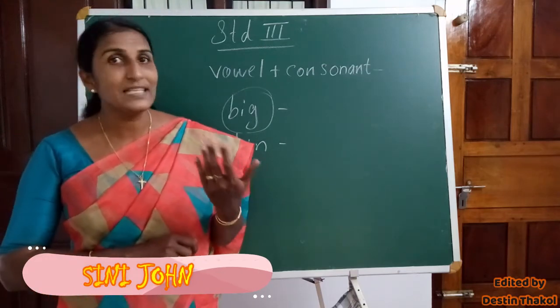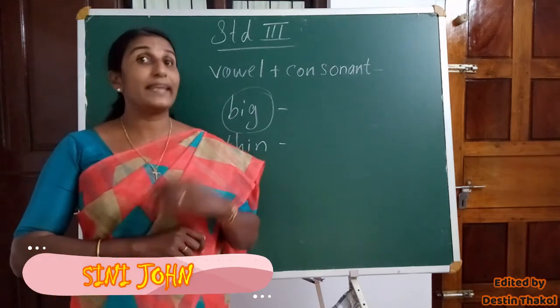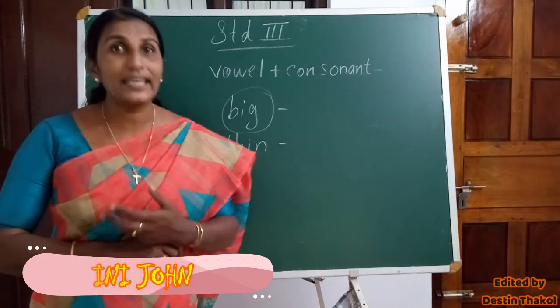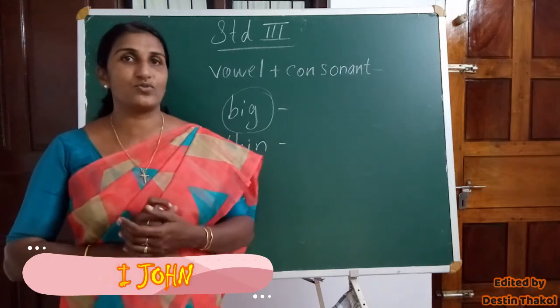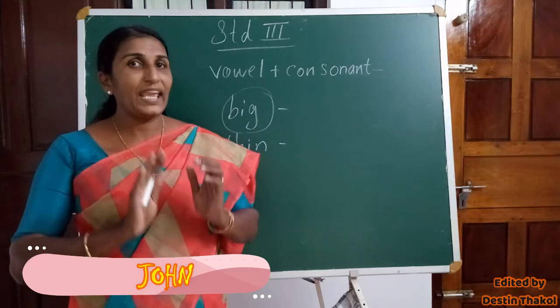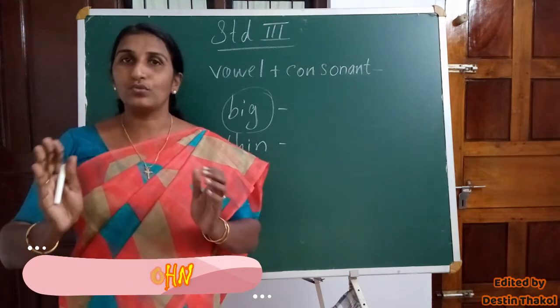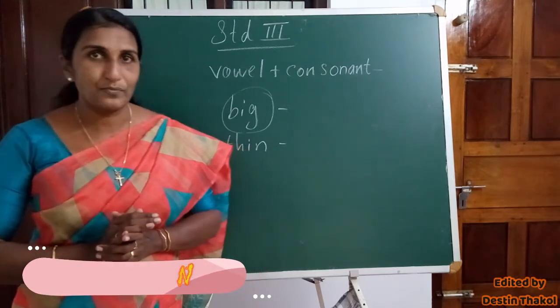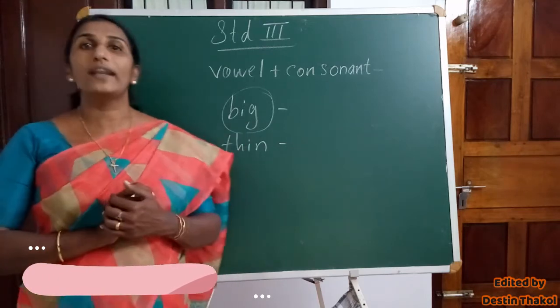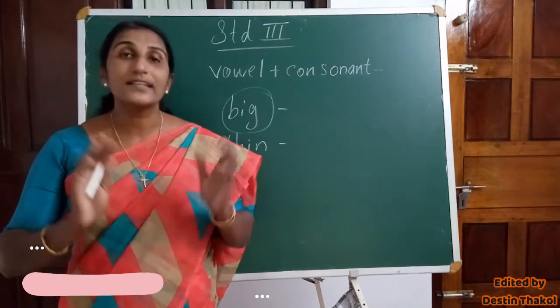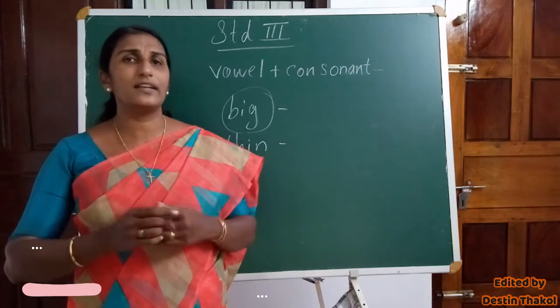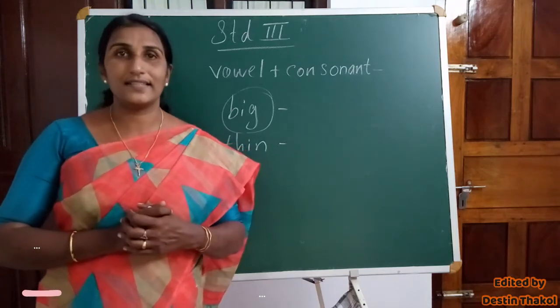Children, let me ask, what are the vowels in the alphabet? We can see 26 letters, right? A, E, I, O, U, they are vowels. The rest of the 21 letters are called consonants. We already learned that in the last classes.